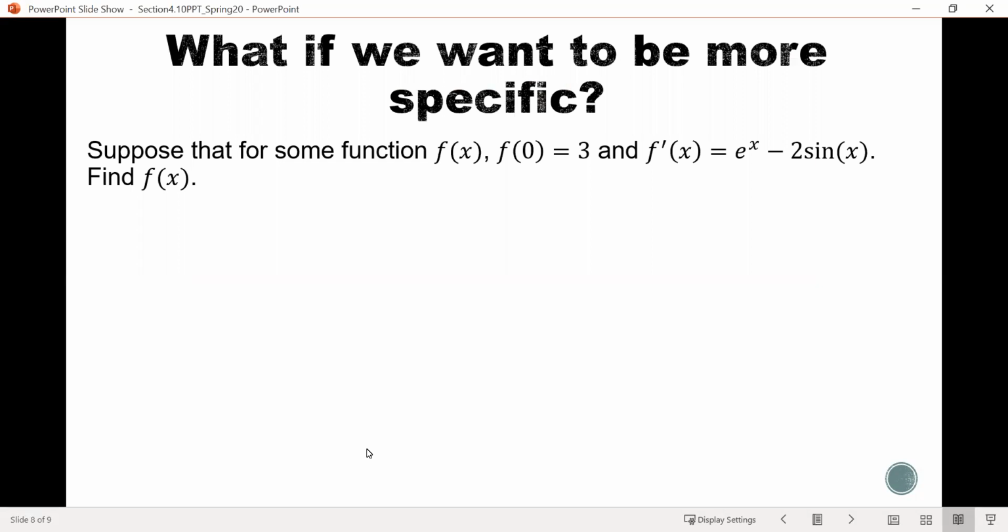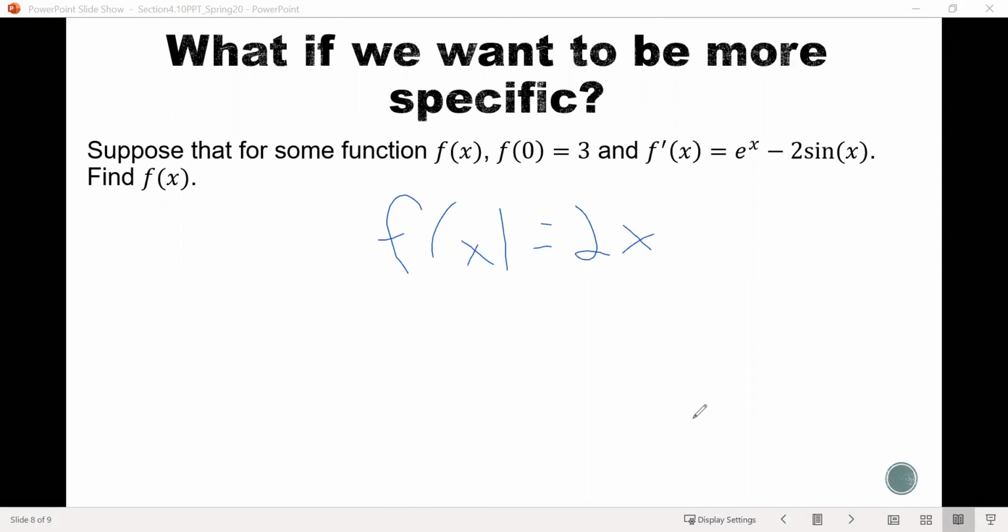And remember, when we take a general antiderivative, like if we are given, for example, a function f of x equals 2x, and we find the general antiderivative, usually we use this notation, capital F of x equals x squared, but we also saw that there could have been a constant added on to this function. So when we took the derivative, it went away, so we put this plus c here.